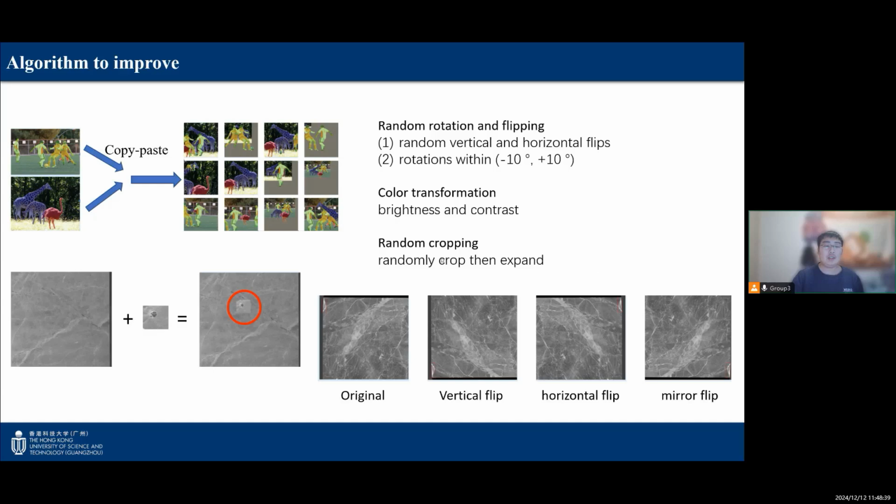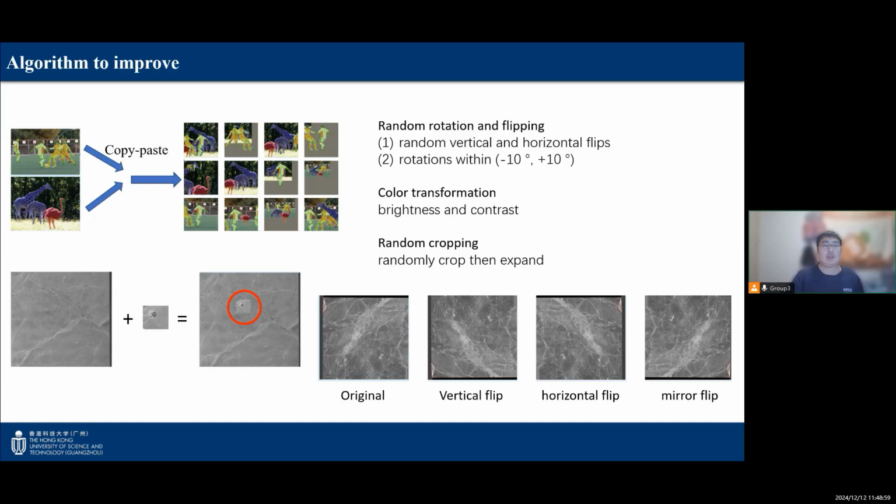In addition, our strategies include random rotation and flipping, color transformation, and random cropping. We notice that the data has rotational invariance, so we use random vertical and horizontal flips, as well as rotation.